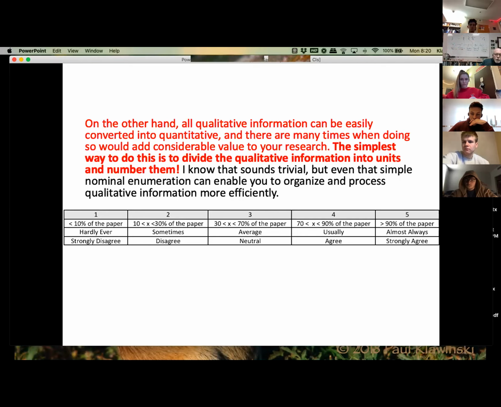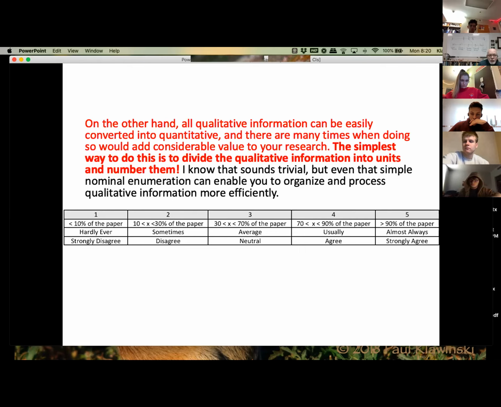And so I would argue, and other people who do research in this area would also argue, that simply dividing these responses, strongly disagree, disagree, neutral, agree, strongly agree, and giving them numbers, each equidistant from one another, doesn't actually take this qualitative data and make it quantitative.